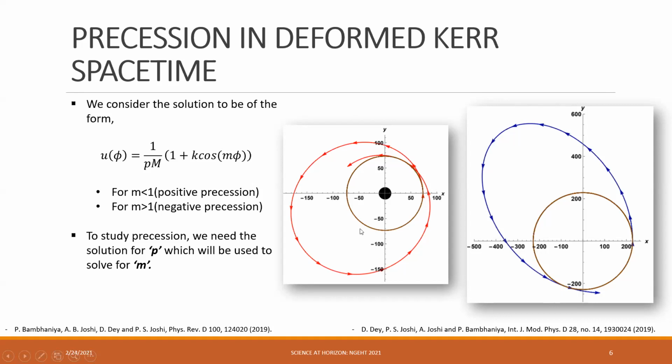In simple terms, if the orbit precesses along the direction of the particle's motion, that is considered positive precession, and if it is precessing in the opposite direction of the particle's motion, it is considered negative precession.